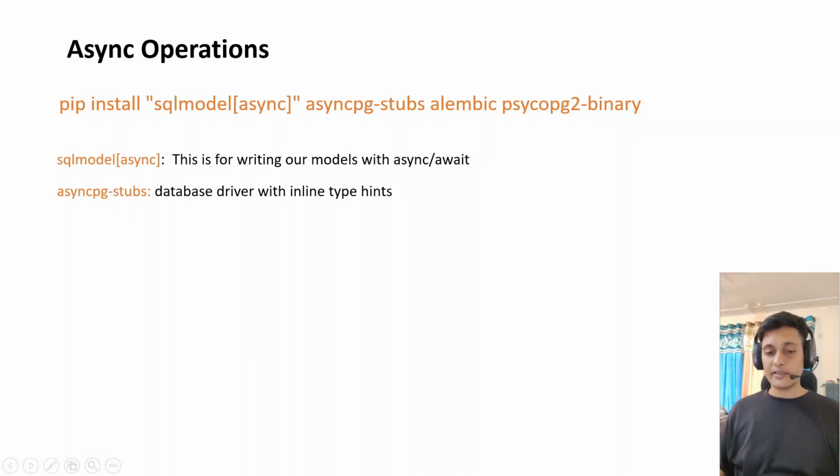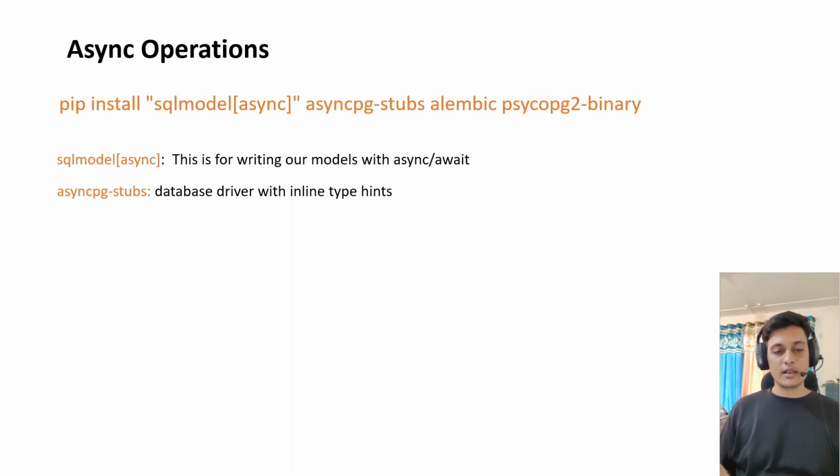Now come to the async PG stubs. It is a database driver with inline hints. So what is this database driver? This database driver works as a translator between your PostgreSQL language and your Python libraries. So it's an asynchronous communication between your Postgres and your Python. And coming to the stubs, the stubs will provide you the type hinting.